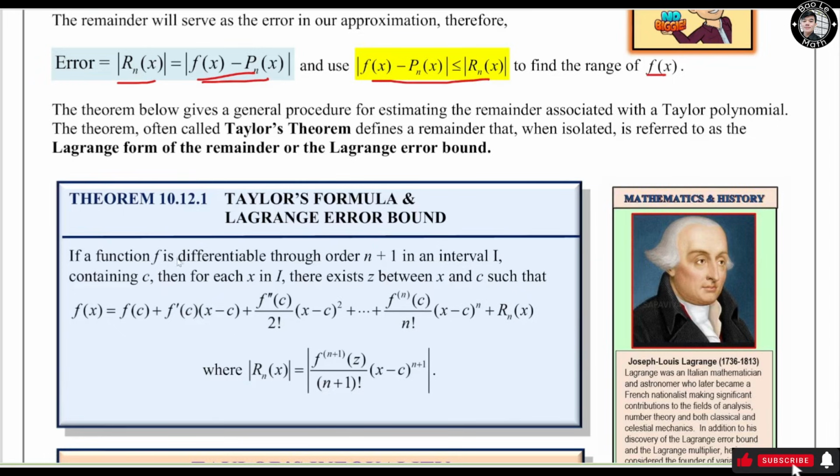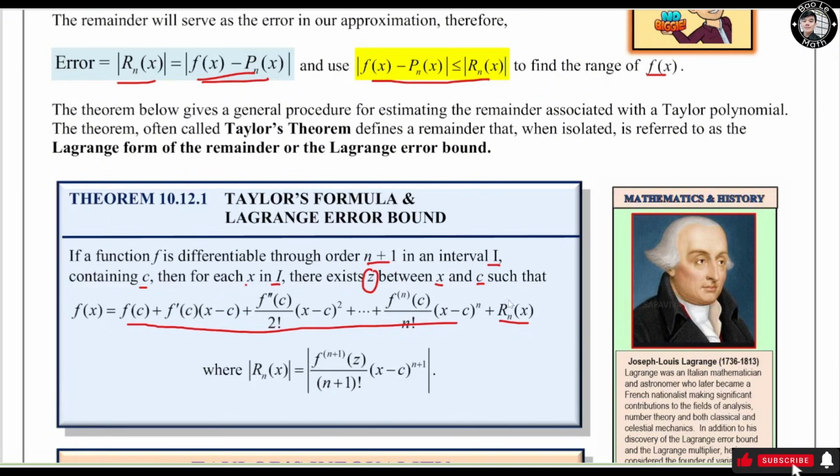If a function f is differentiable through order n plus 1 in an interval I containing the value c, then for each x in the interval I, there exists a number z between x and c such that f(x) equals the polynomial approximation plus the remainder.